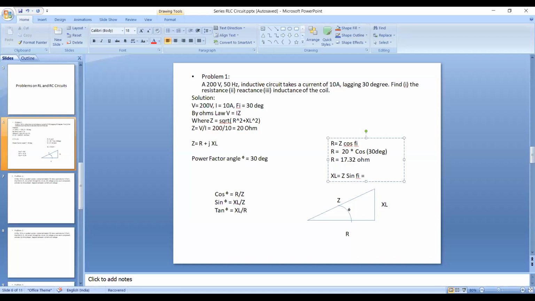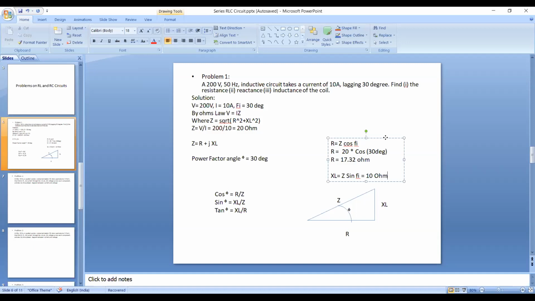You may have multiple approaches, but always you will get a unique solution. So how much will you get? 20 into sine 30, which is half, right? So 10 ohm.